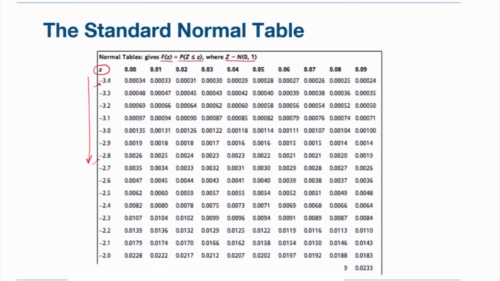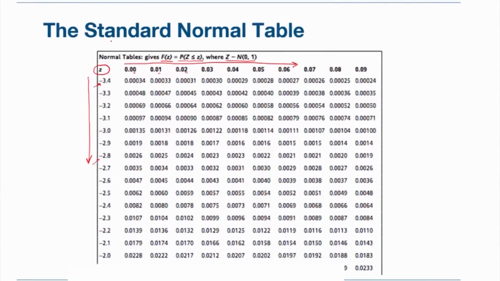In this part of the table, we're looking at negative values for z. So your first step is to look for the value of z down the left-hand side of the table, and then you move across the top of the table to look for the second decimal place. Here you would see 0.00, 0.01, 0.02.